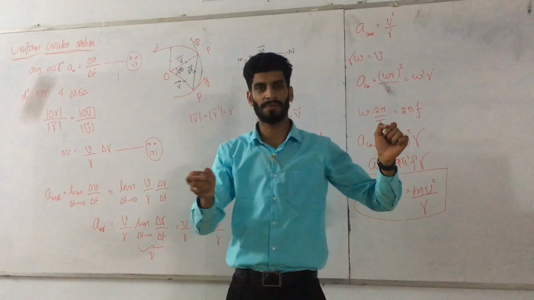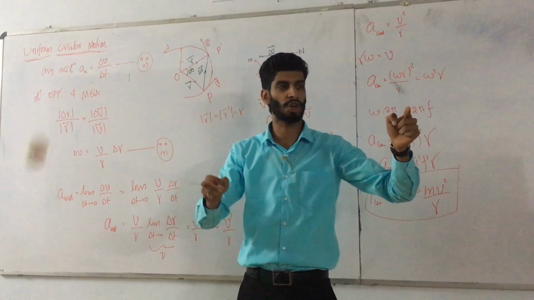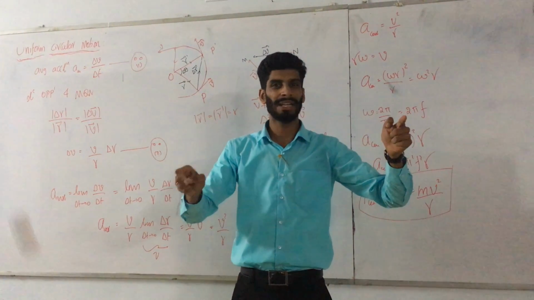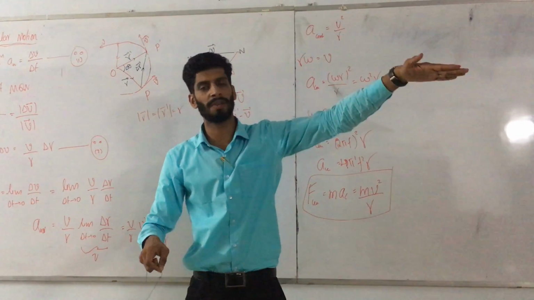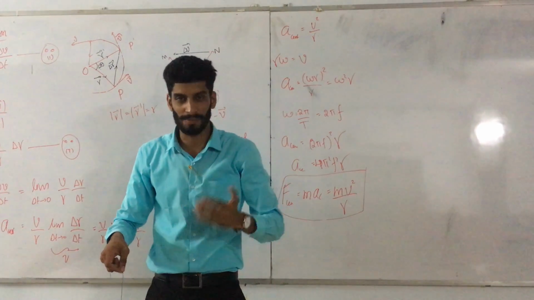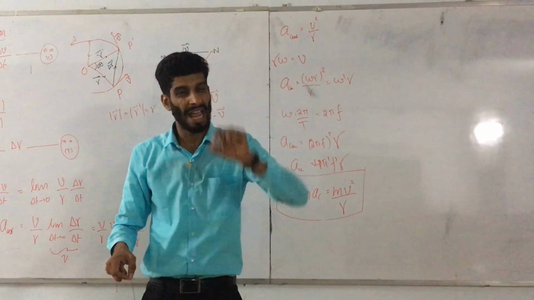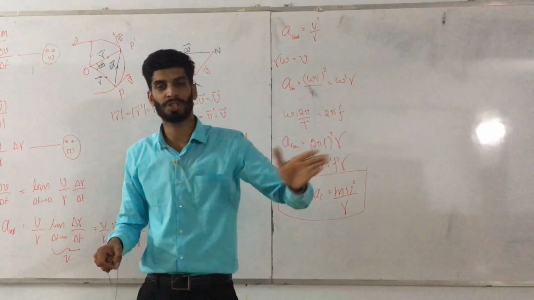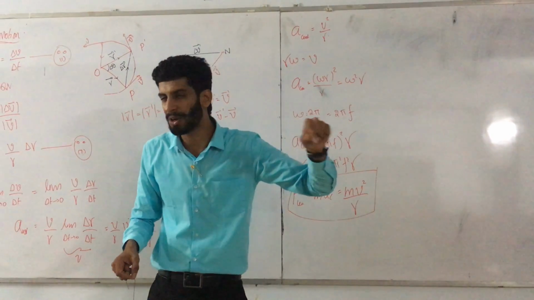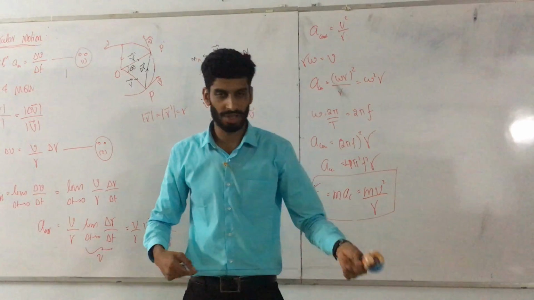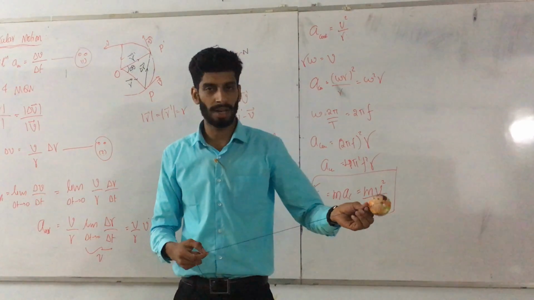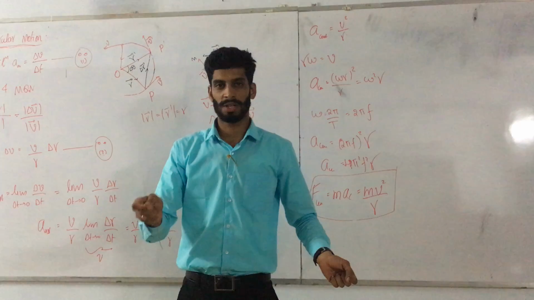If I drop over here, it has to move in this direction. If I drop over here, it has to move in this direction. I don't know where I'm going to drop, but you have to observe it. If I drop at any point, it has to move in the direction of the tangent. This is the final time, I'm going to do it.